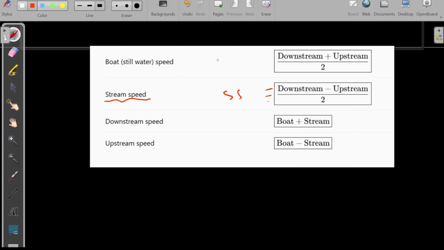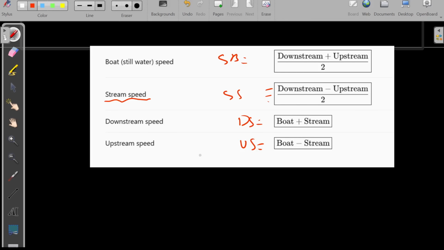So if you're trying to find the speed of the boat in still water, we add those values, and if you try to find the speed of the stream, we subtract. So downstream speed equal boat plus the stream itself, upstream, boat minus the current, or minus the stream, because the boat is fighting against the current, so we subtract those values.